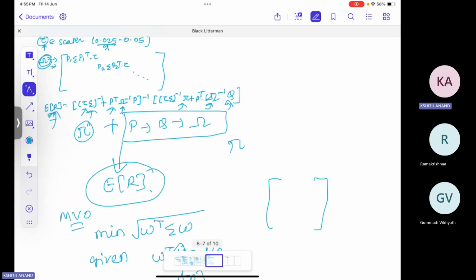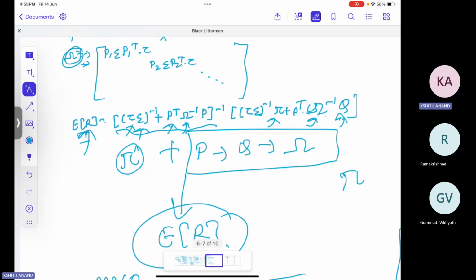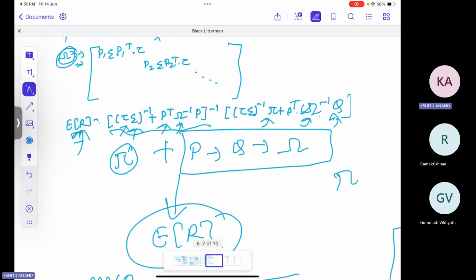So this is the variance of the posterior distribution. The expected return that you are getting is the mean return that the model is telling you your mean expected return should be, and the variance of the expected return will be like this. So this is the posterior distribution.